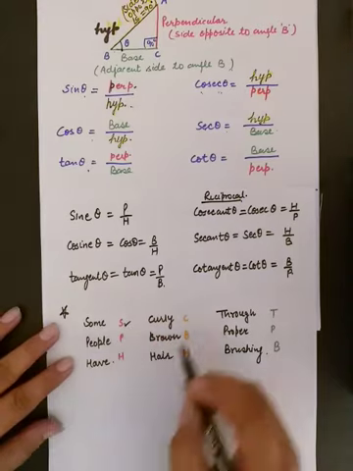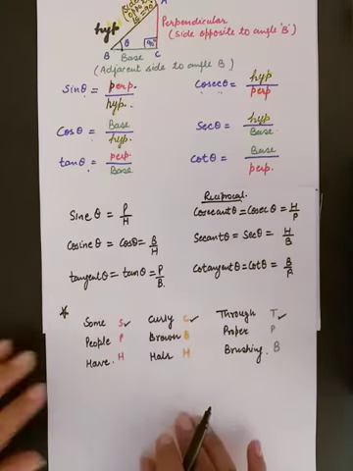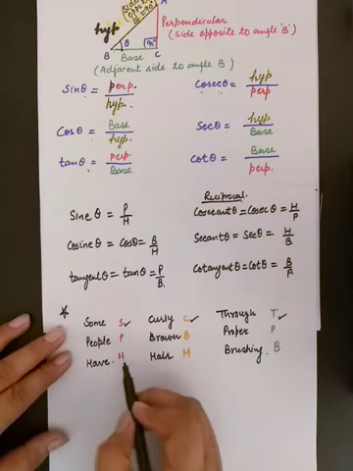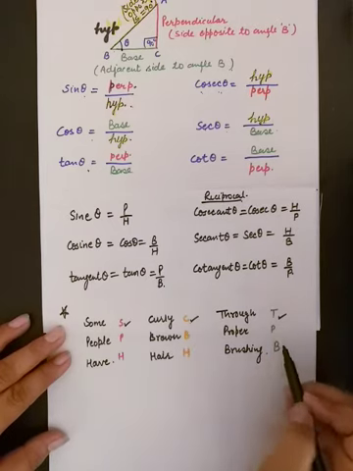S stands for sin, C stands for cos and T stands for tangent. So here you can see sin theta is equal to P by H, cos theta will be B by H and tangent theta will be P by B.